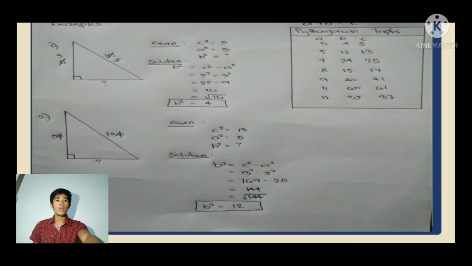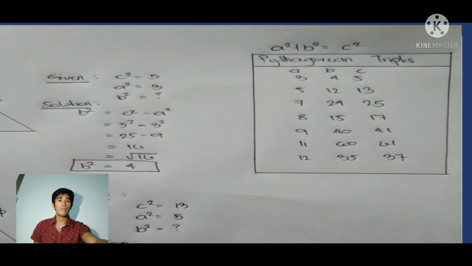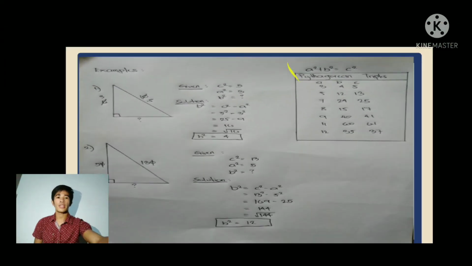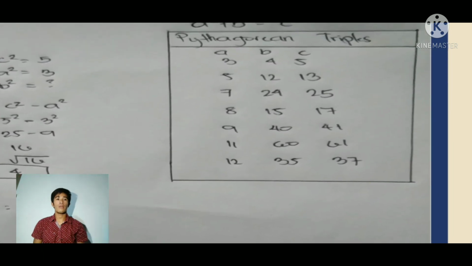So, look again sa our Pythagorean triples. So, kabilang ba si 5 and 13? Yes sir, kabilang. So, saan po sila na-fall? So, si 5, under po siya sa A. And si 13, na-fall sa C. So, ano yung unknown? Of course, yung B.